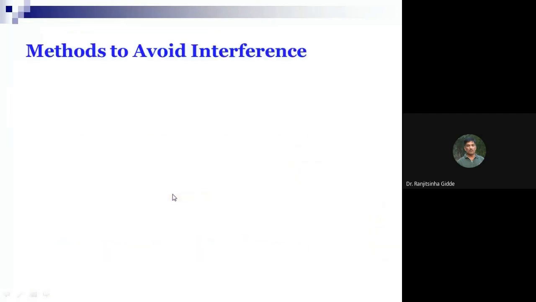Okay, now whatever we have discussed, we are going to write in terms of sentences, right? Methods to avoid interference. Right, number one, height of teeth may be reduced.